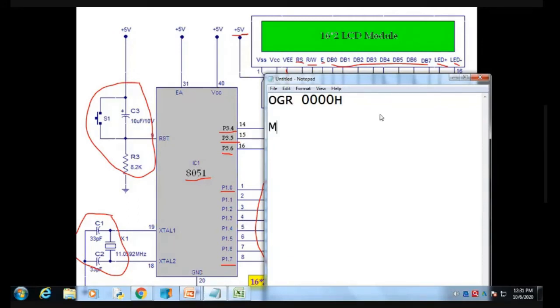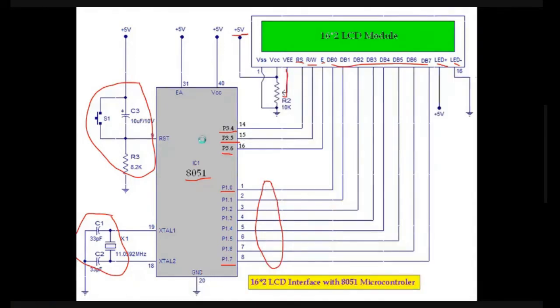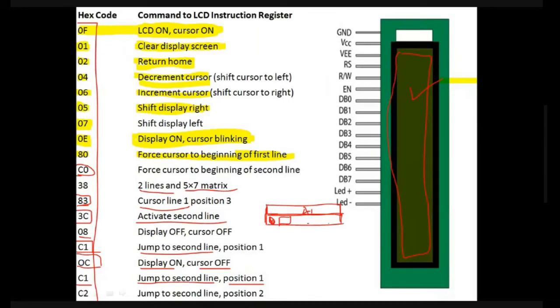So I am going to take MOV A, #38H. What is meant by 38H? 38H defines two lines and a 5 by 7 matrix.